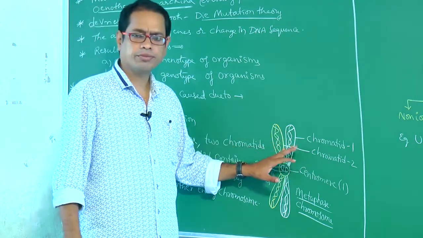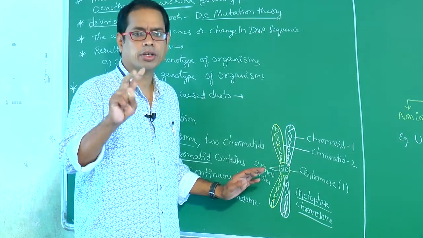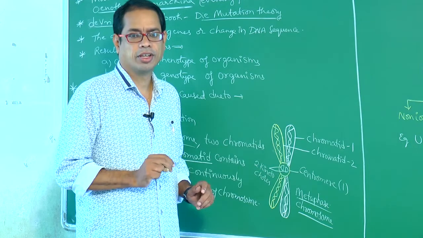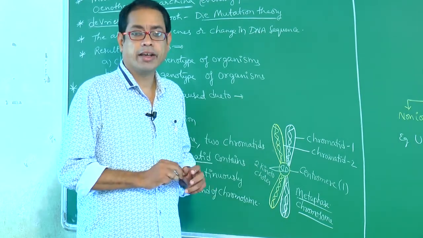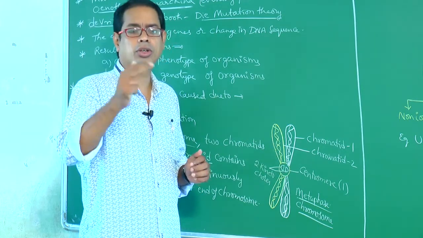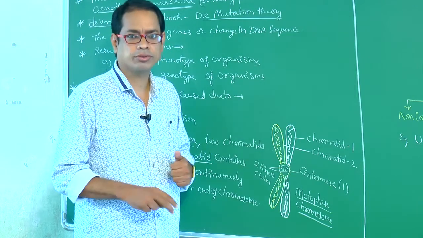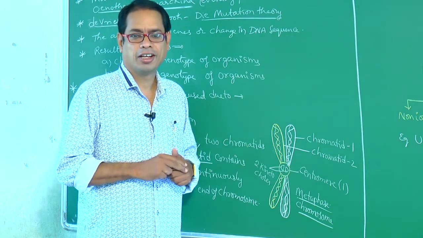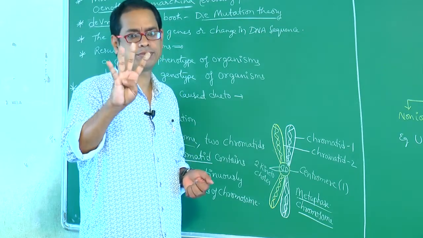Now I am asking, in a metaphase chromosome, number of chromatids 2, number of kinetochores 2, number of DNAs? DNAs is equal to DNA molecules. Number of DNAs or DNA molecules 2. Number of DNA strands 4.